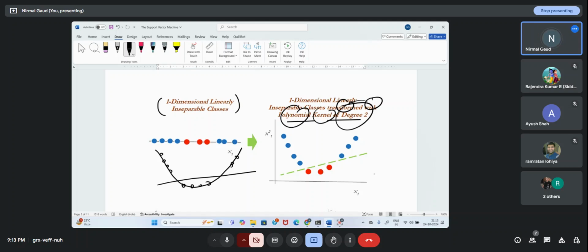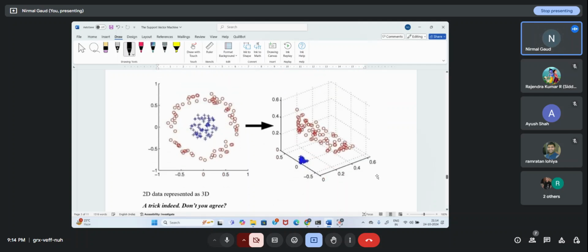I do have this polynomial kernel. I am having many kernels available in SVM that can represent data in higher dimension. So from 1D to 2D. Now how will you classify this problem?